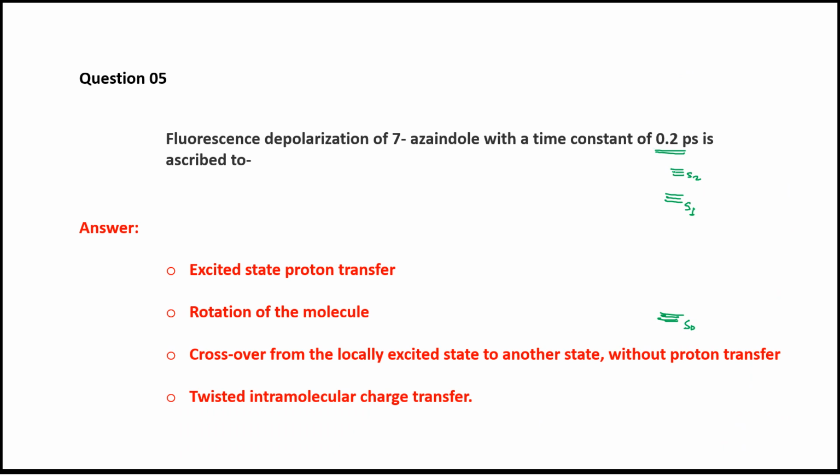So what they have said is that by excitation with a longer wavelength, both transitions will occur. The system will reach the S1 state and also the S2 state. Simultaneously, as a function of time, from S2 the molecule will relax to the S1 state. And this whole process happens in a very short time of say 0.2 picoseconds.